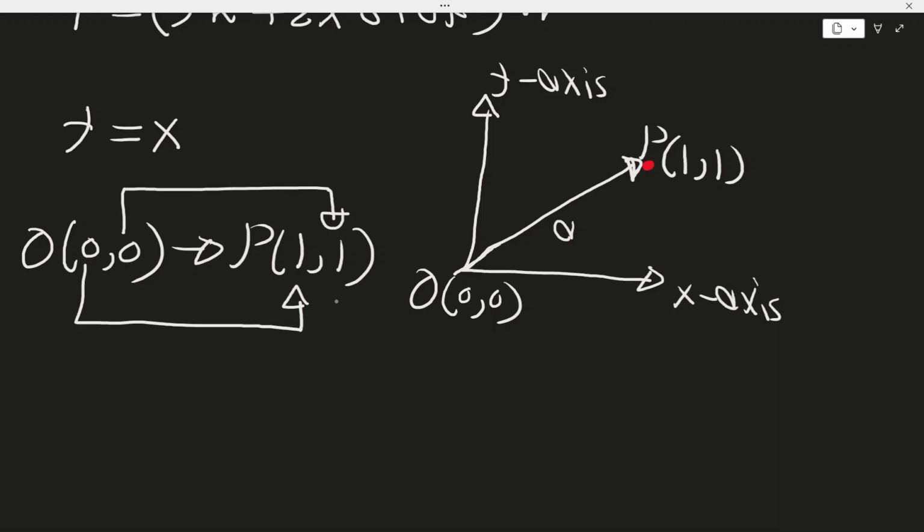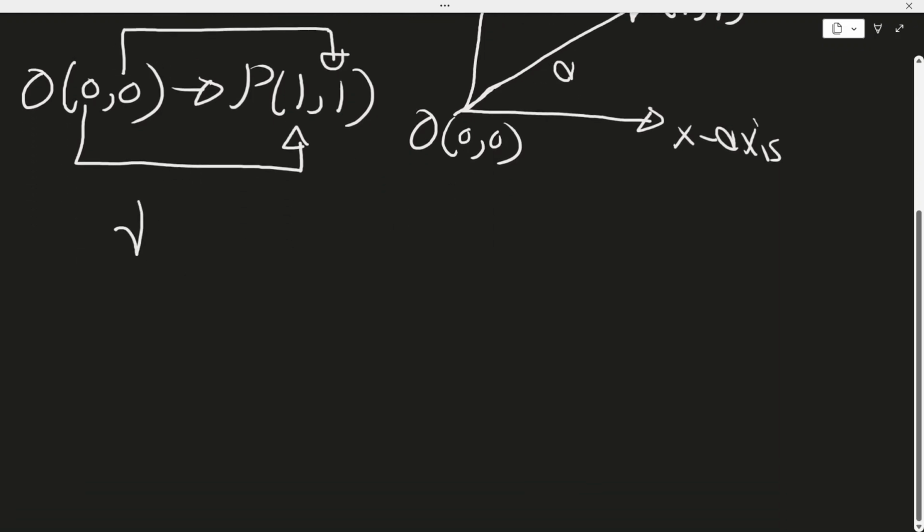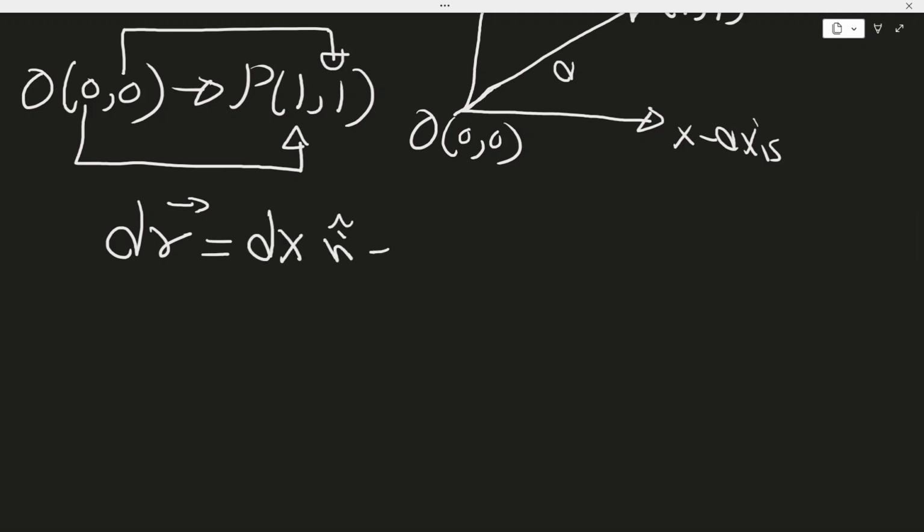What we have to do in this step is to write down the differential vector, or the infinitesimal displacement vector. For Cartesian coordinates, dr is nothing but dx i unit vector plus dy j unit vector plus dz k unit vector.